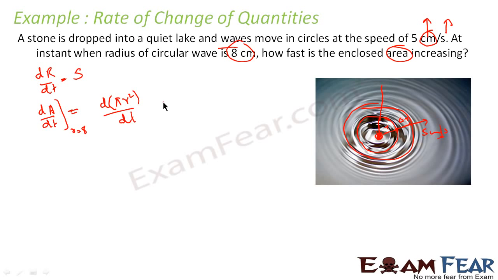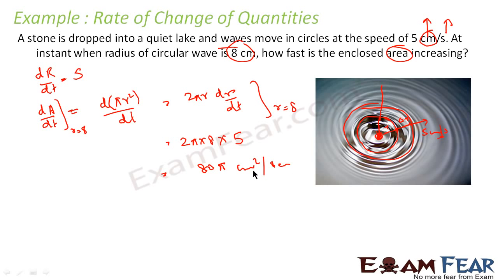So if you differentiate this guy, this is nothing but 2 pi r dr by dt, where r is equal to 8. Now let's put the value, 2 pi r, 8 given, into dr by dt, 5 we know. So this becomes 80 pi, and this is change of area with respect to time, and this is centimeter square per second.